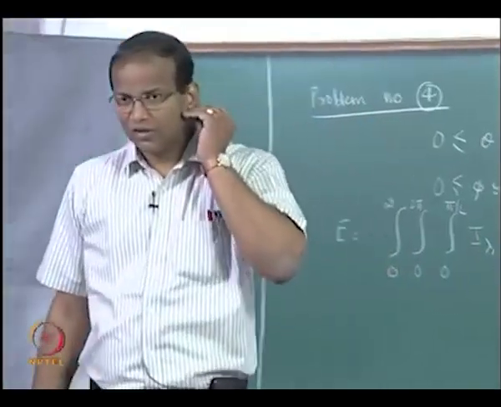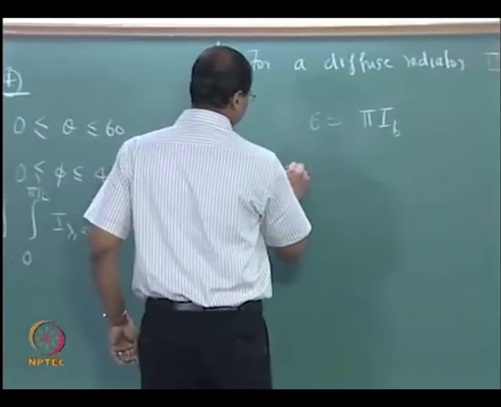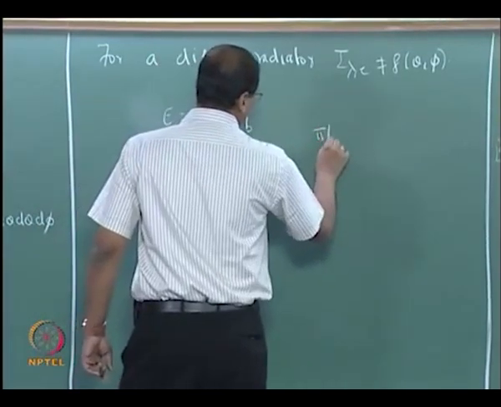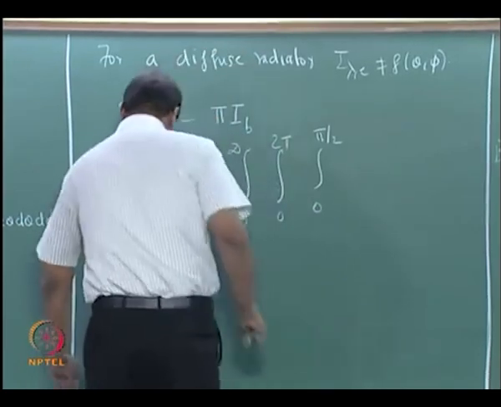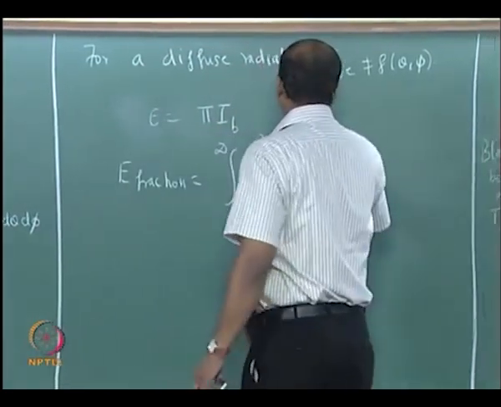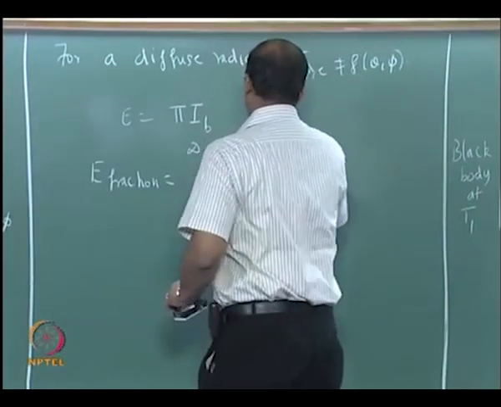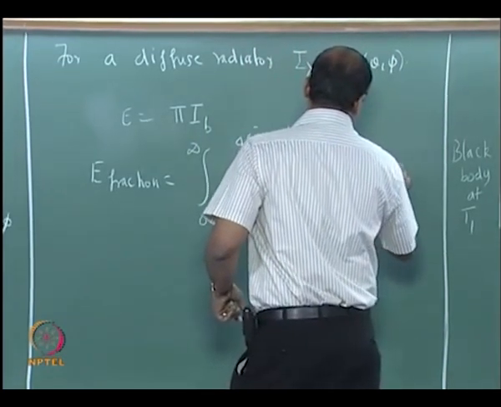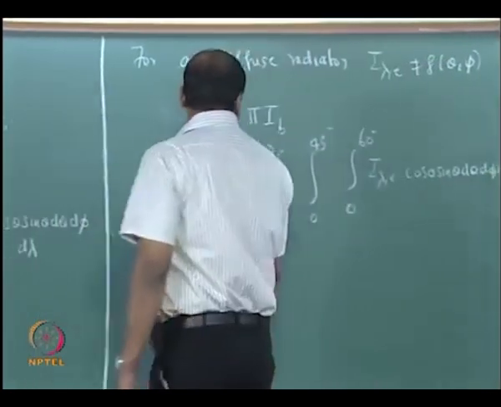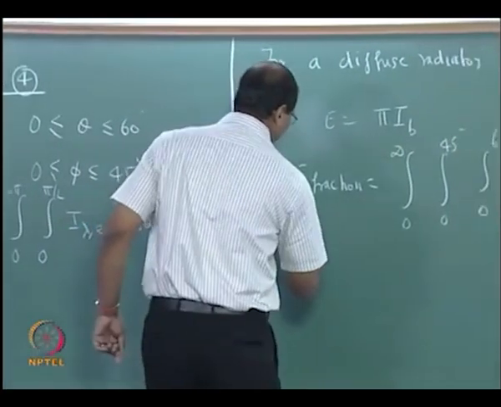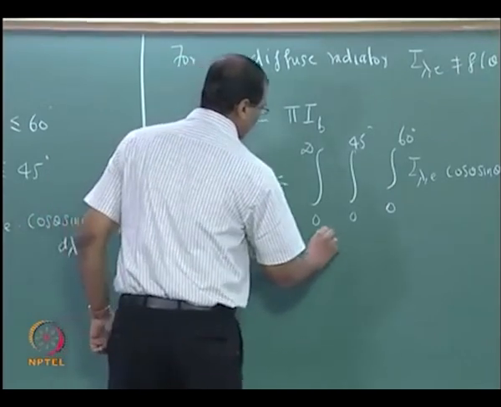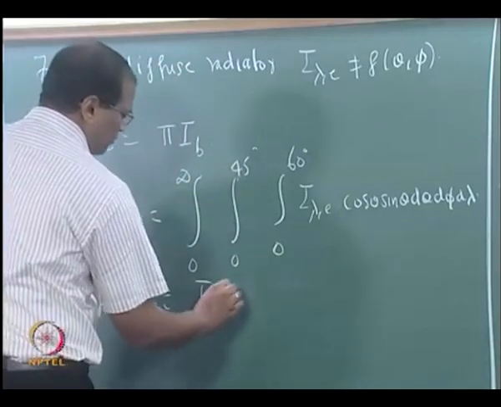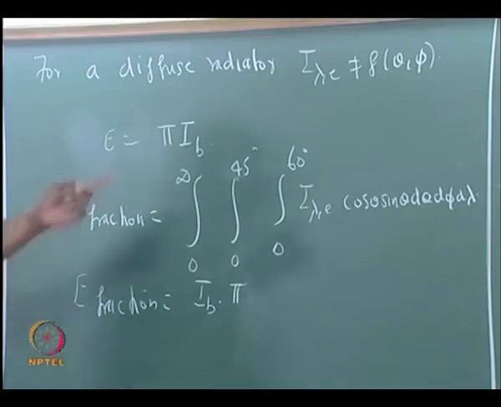So, what is E fraction? I lambda E can be taken out. 45 degrees is pi by 4.